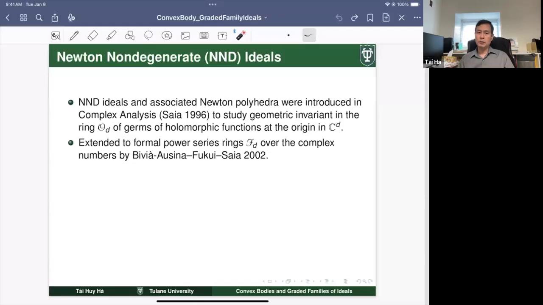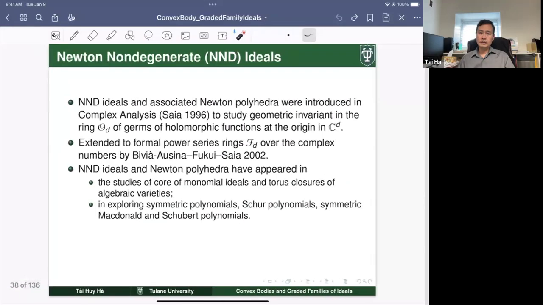It has been extended to formal power series rings over the complex numbers. It has appeared in various studies, particularly in the study of cores of monomial ideals, in the study of torus closures of algebraic varieties. It also appeared in the study of symmetric polynomials, Schur polynomials, symmetric Macdonald and Schubert polynomials.